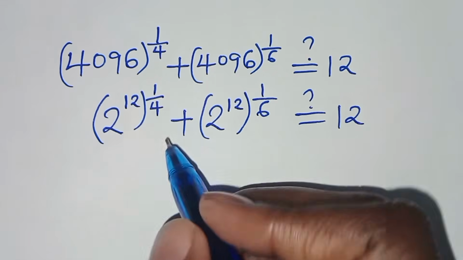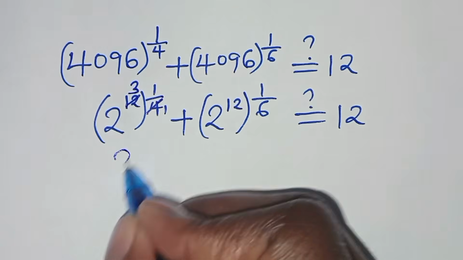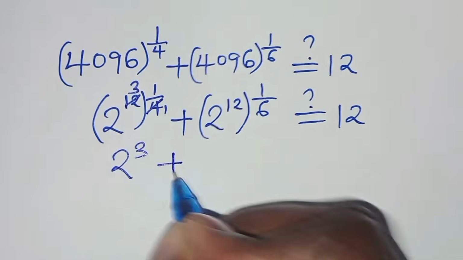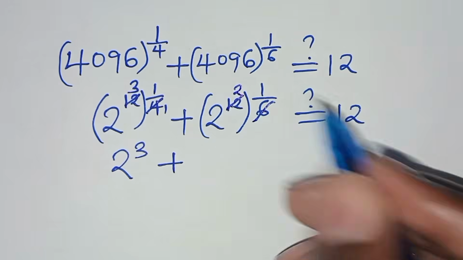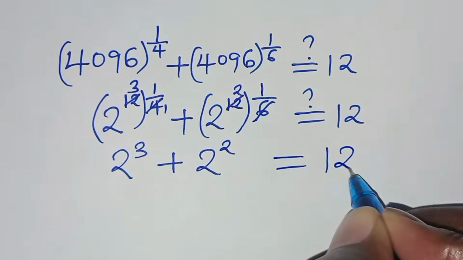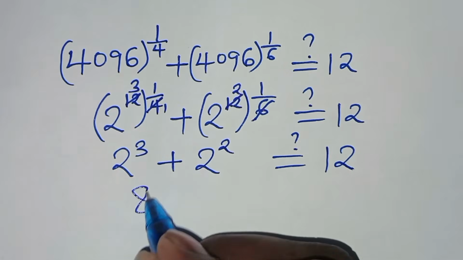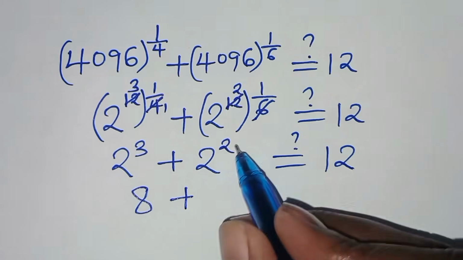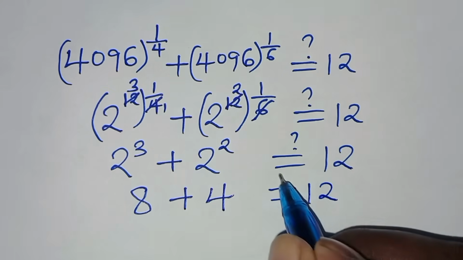Now, let's simplify here. 12 divided by 4 is 3, so you have 2 to the power 3, then plus 12 divided by 6, which is equal to 2, so we have 2 to the power of 2. This is supposed to give us a value of 12. 2 to the power 3 is 8, plus 2 to the power 2, which is 4, and this should give us a value of 12.